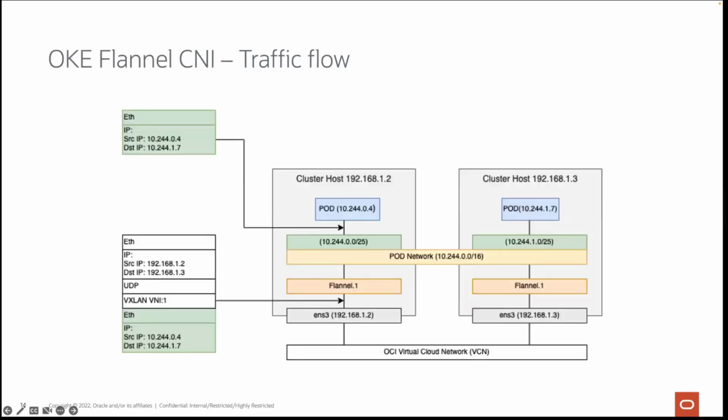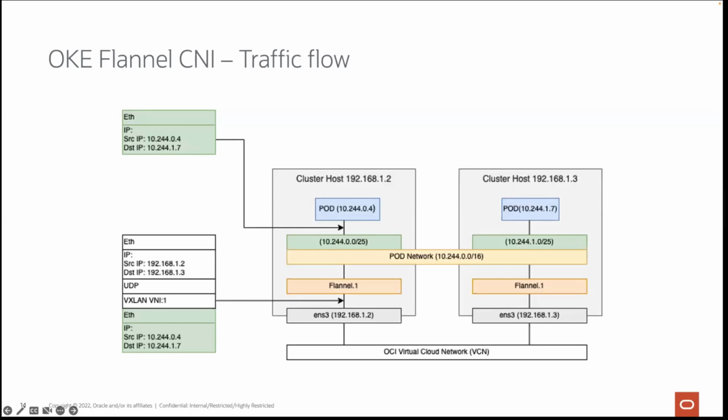So that was about OCI VCN CNI, and this is another CNI we support in OKE, which is called the Flannel CNI. Flannel, for those who don't know, is a simple and easy way to configure layer 3 networking, and it is designed for Kubernetes. The way it works is it runs a small single binary agent called flanneld, or Flannel daemon, on each worker node.